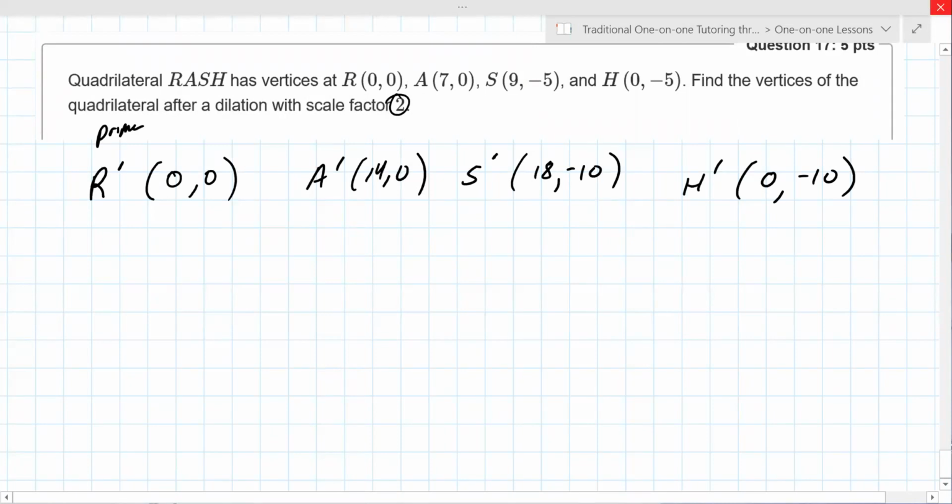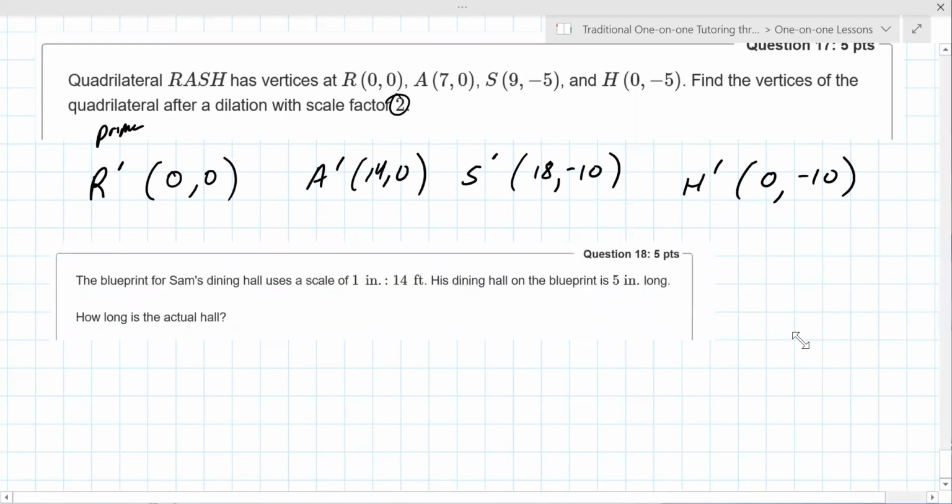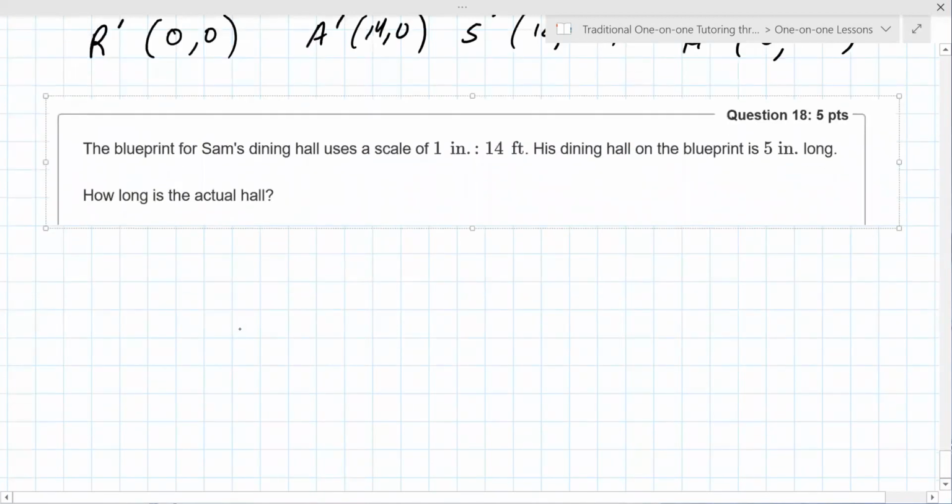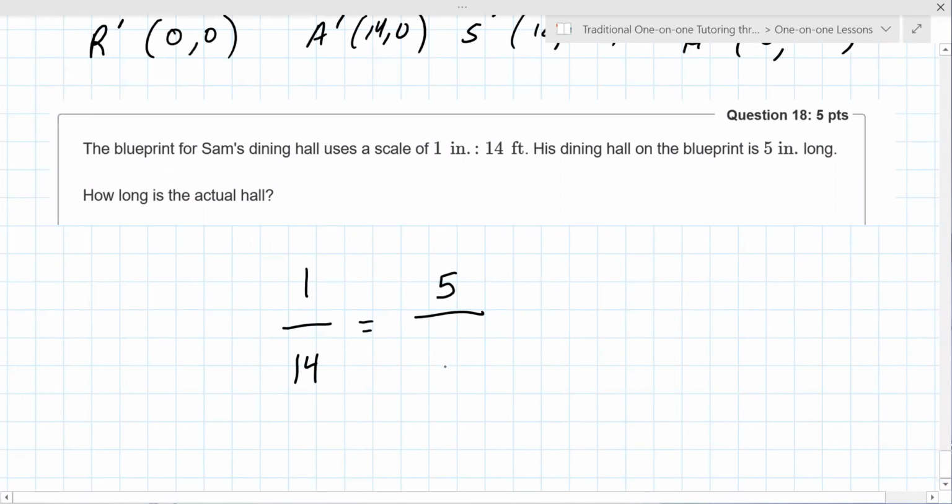So the next question here is another proportion. We've done a ton of these. So we have 1 inch to 14 feet, and the blueprint is 5 inches long. And then we need the length of the actual hall.